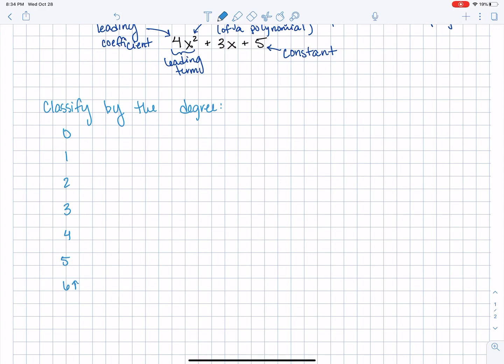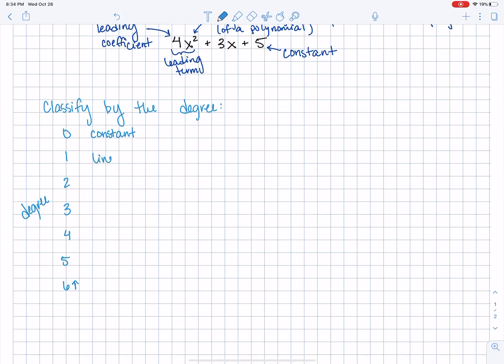So I'm going to go ahead and write this on the side. If we have a degree of 0, meaning that we have an exponent of 0, we call this a constant. And if we have a degree of 1, we might know some of these.